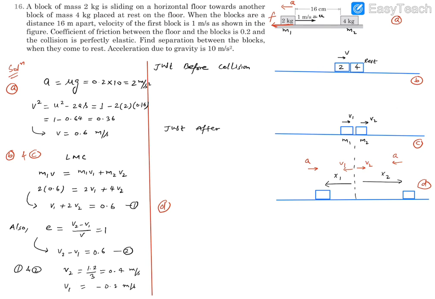So from here we can say this comes ultimately to rest, this is also at rest, so we can apply the third equation again. Final velocity 0 is equal to initial velocity v1 squared minus twice mu g into x1. So x1 is basically v1 squared divided by twice mu g.